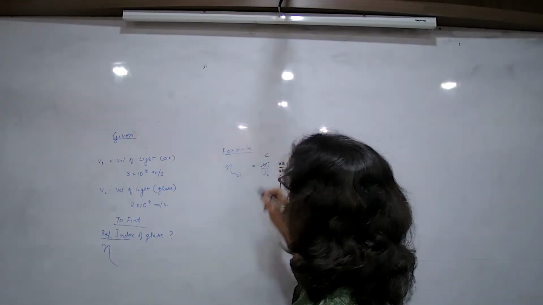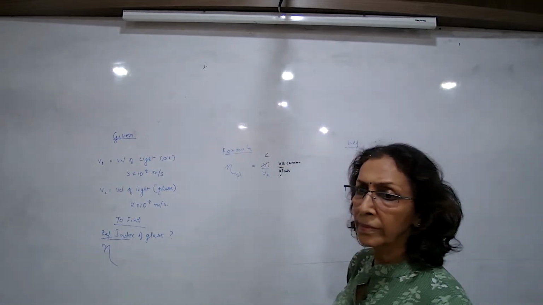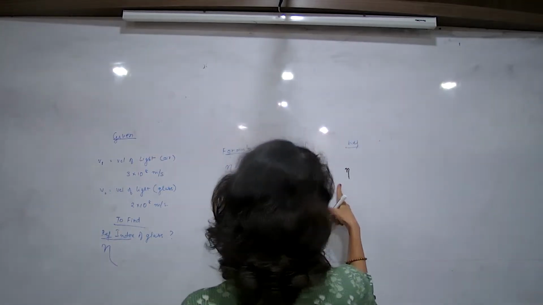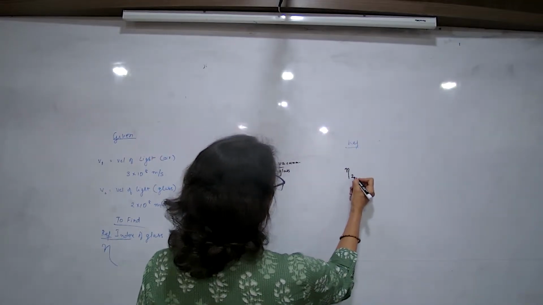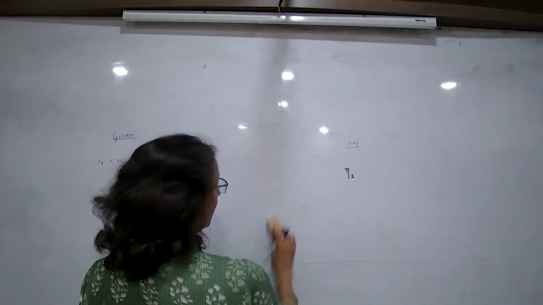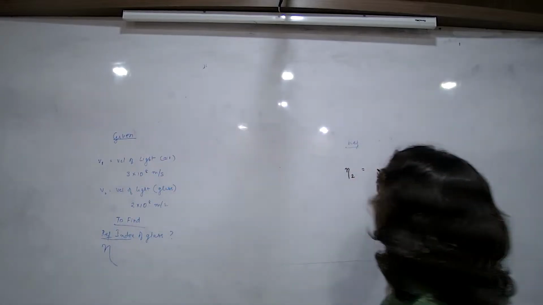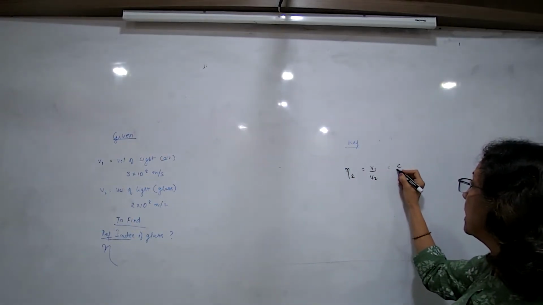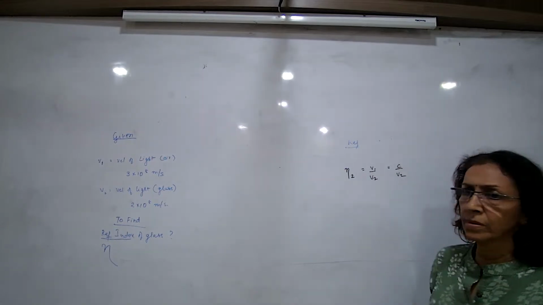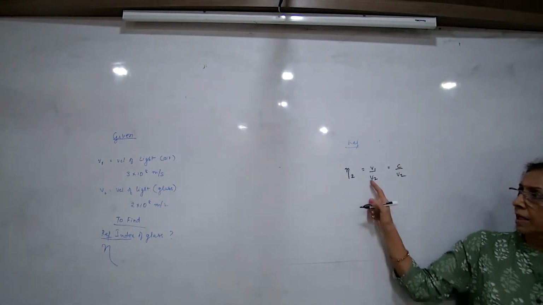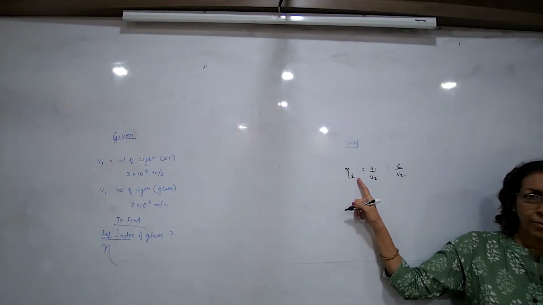Here we can put it as C, that's all. Okay, so you see that if it is the velocity of the second medium with respect to, let us say, vacuum, instead of writing V1 divided by V2, I just write it as C divided by V2. You understand? Did I put 1 there? I have not put 1.